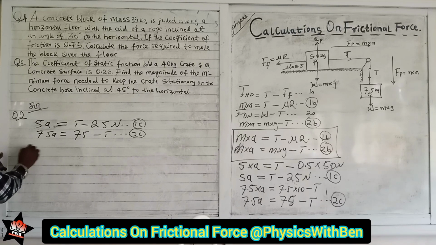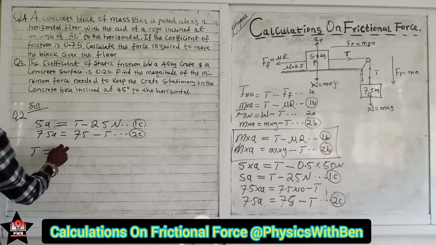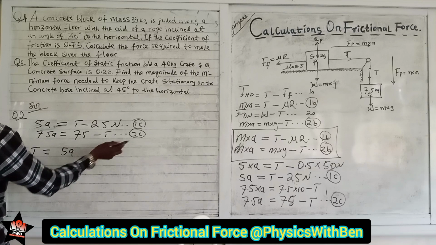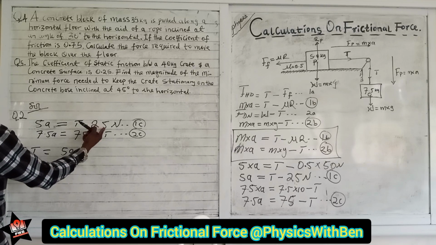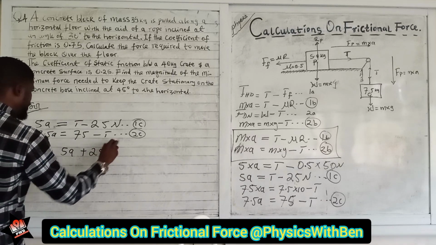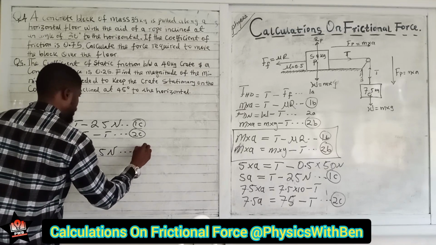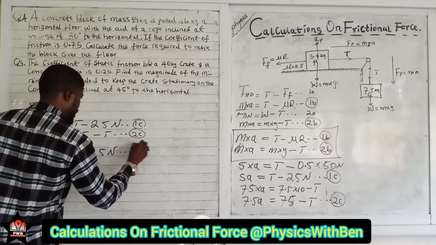So from here our T is equal to 5A plus 25 Newton. This is equation 1C star.